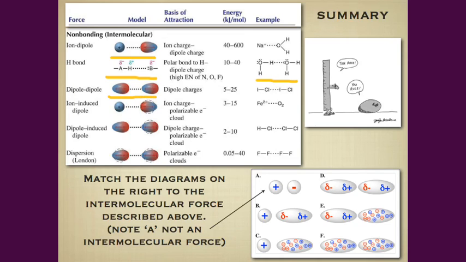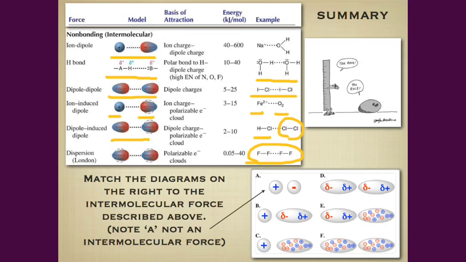Dipole-dipole interactions, like between these two substances. And we have an ion-induced dipole, like you might get between an ion of iron and an oxygen molecule. Dipole-induced dipole, so we could have a dipole like hydrogen chloride and a normally nonpolar molecule like chlorine. Dispersion interaction between two fluorines.